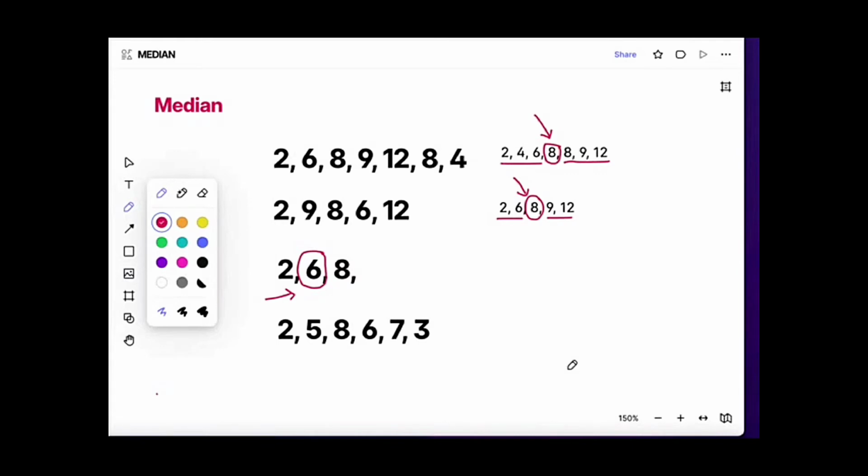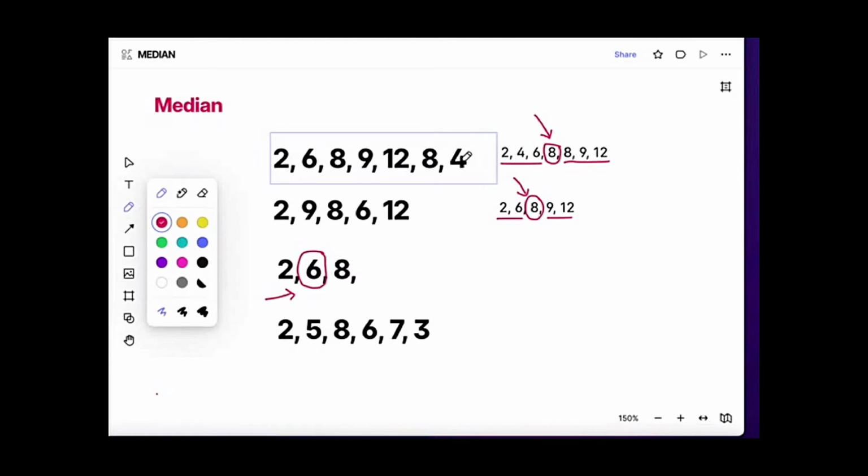Okay, now we got one last data set, and this one's a little bit tricky. So you'll notice that this has been fairly easy because all of our data sets had an odd amount of numbers. So we had a total of, let me see, 1, 2, 3, 4, 5, 6, 7 numbers here.